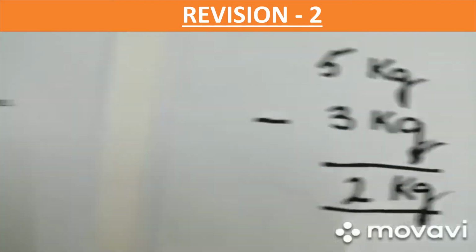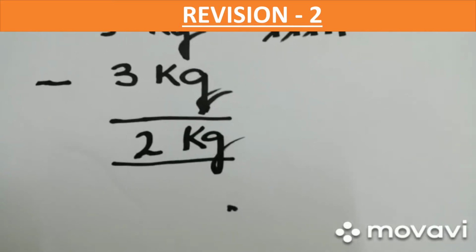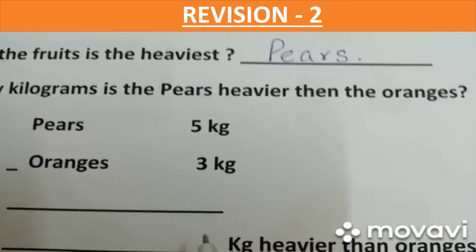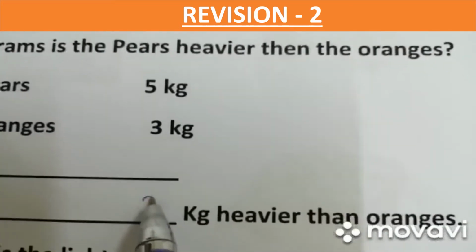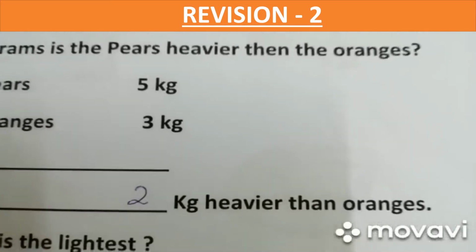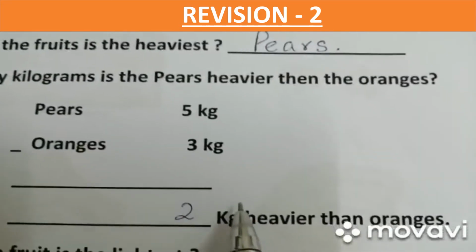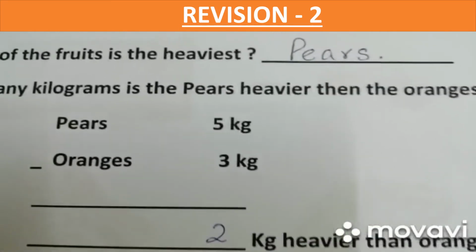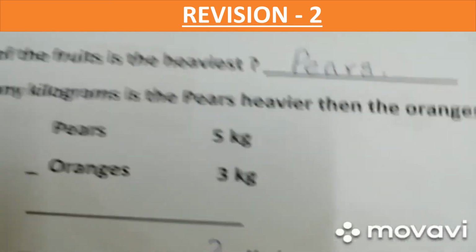So now can you tell me how many kgs are left? 2 kg. So what will be the answer here? Yes, very good. It will be 2 kg. That means pears is 2 kg heavier than oranges.